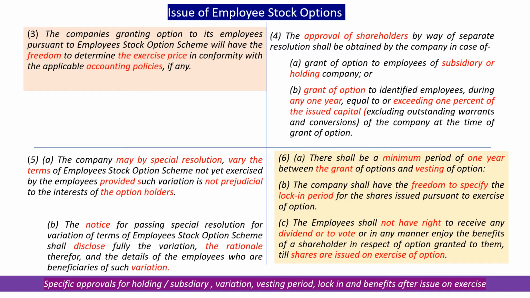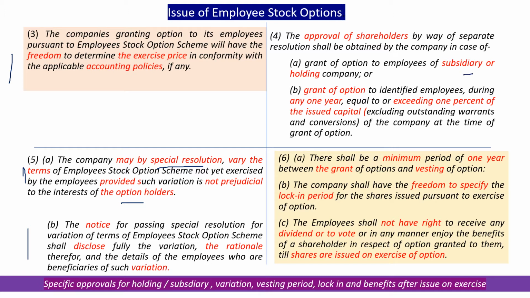Just to repeat, the company has got the freedom to fix the price. Terms of option could be changed by special resolution with proper disclosure, but should not be prejudicial to the option holder.